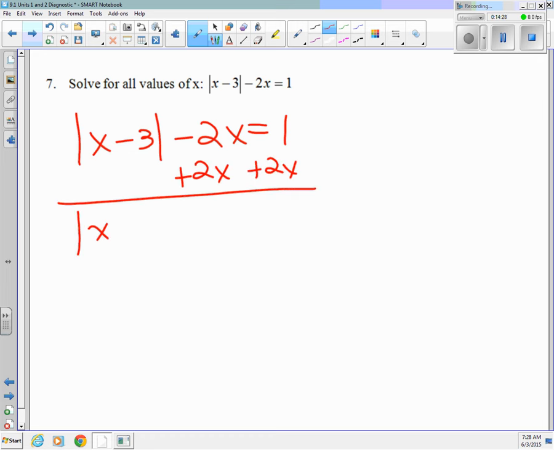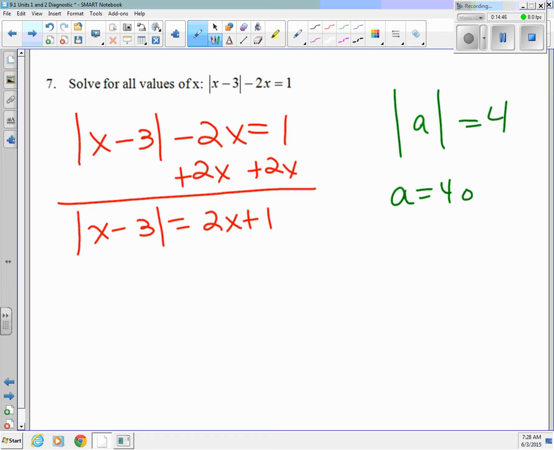So if I have the absolute value of x minus 3 equal to 2x plus 1, I have to think about this for a second. Just bear with me. If I had the absolute value of a equal to 4, there are 2 possibilities. A could be 4 itself, or a could be negative 4. That's what happens with absolute values.